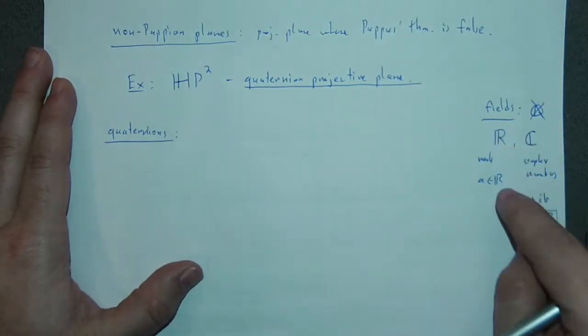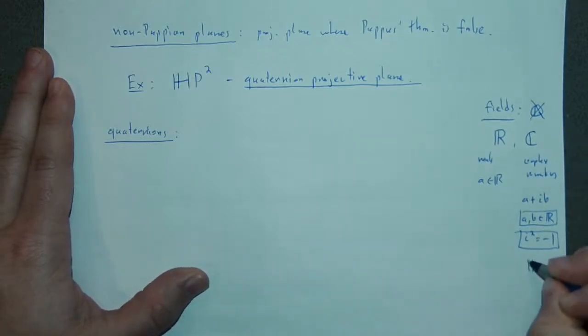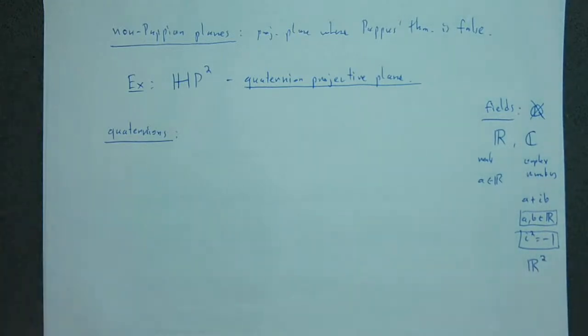But of course, R is R. Nothing else needs to be said. C, algebraically, is really R2. So we have a nice number system in R, that's like the nicest possible number system. We have a nice number system in R2, in the plane, given to us by the complex numbers.